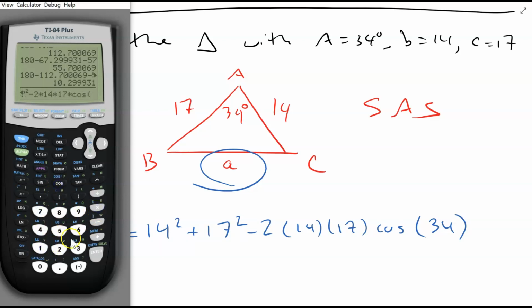I see lots of students make mistakes with order of operations, and do this as one thing and then tack the cosine of 34 on at the end, and that's definitely not okay to do. So just do it in one step on your calculator.